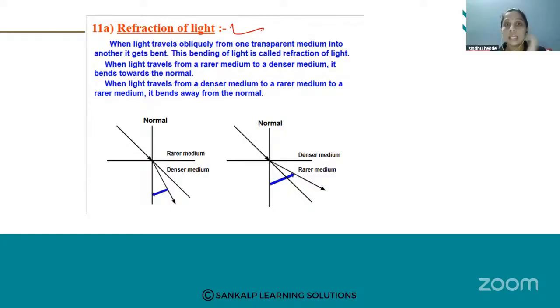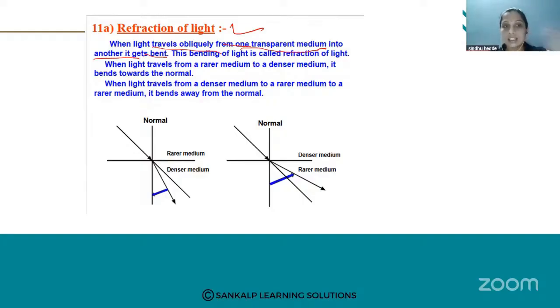Okay, so here what happens in refraction? Here we consider mainly two types of mediums. See, what does the statement tell? When light travels from one transparent medium into another transparent medium, it gets bent. What happens here? When the light is incident on one medium and it gets refracted through the second medium.